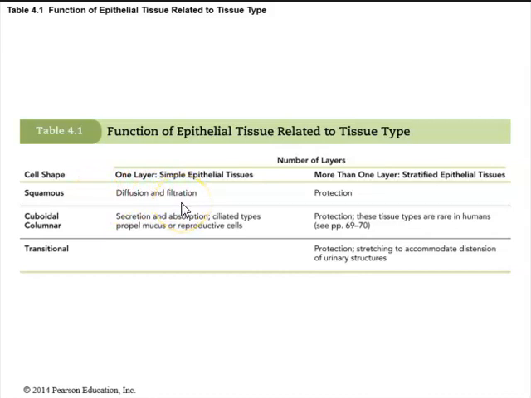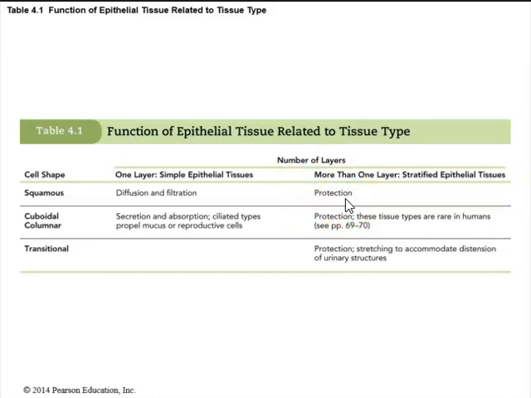We saw this type in the alveoli of lungs or the Bowman's capsule in the kidney. Both structures are very important for either diffusion of gases or filtration of blood to form urine in the kidney, for example.